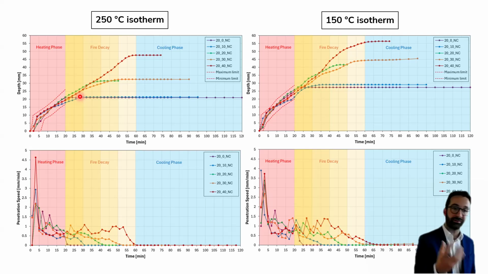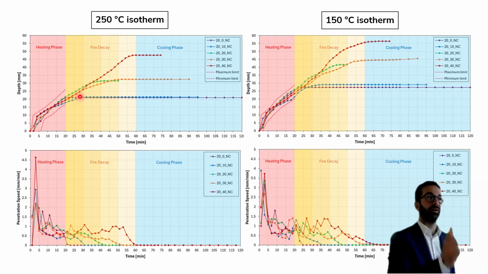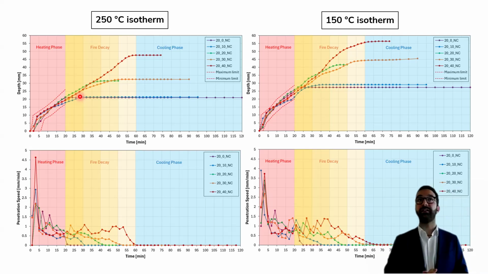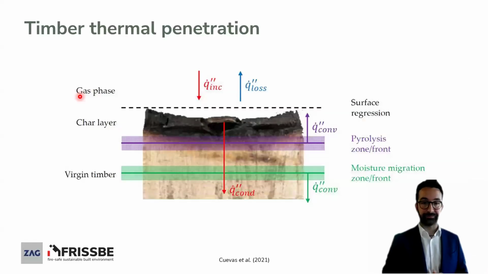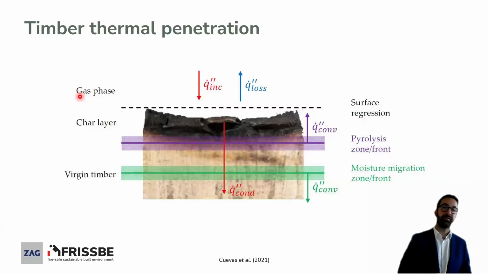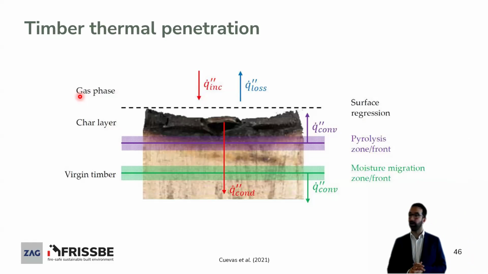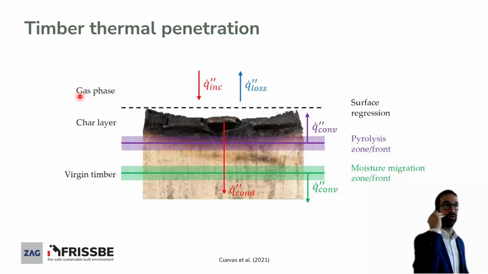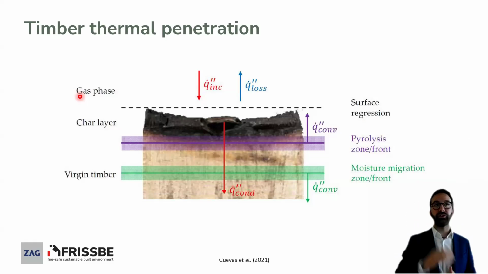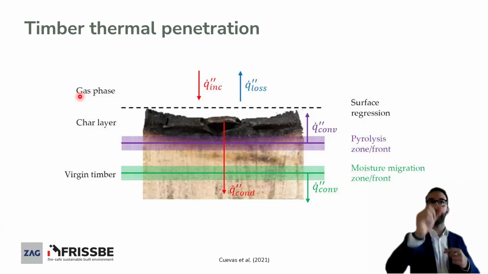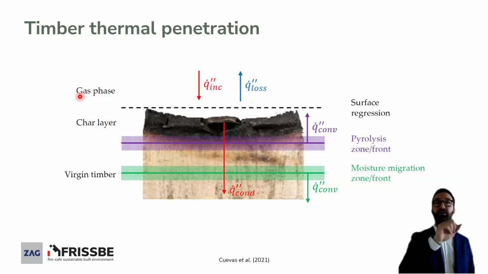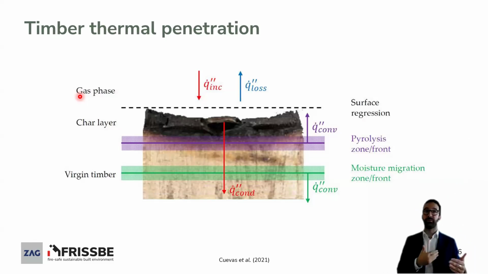We tried to study this problem in a more comprehensive way, to try to study a one-dimensional heat transfer. Because what we saw is that the whole problem becomes quite complex because you have wood that chars at the surface, you have a surface regression, and then you have to start thinking about the actual pyrolysis front, the pyrolysis zone penetrating within the wood.